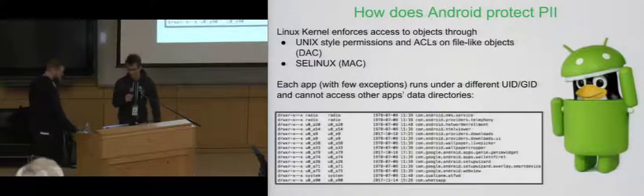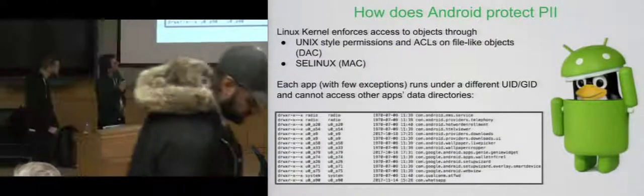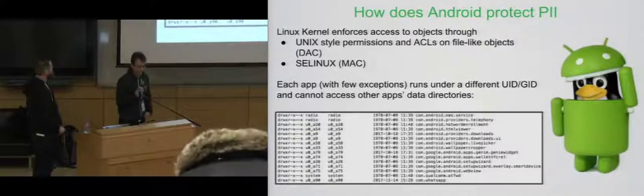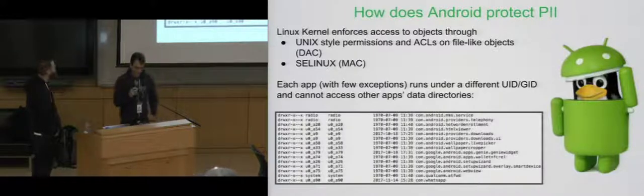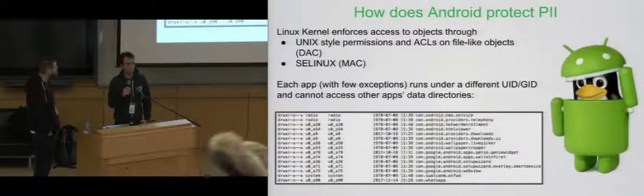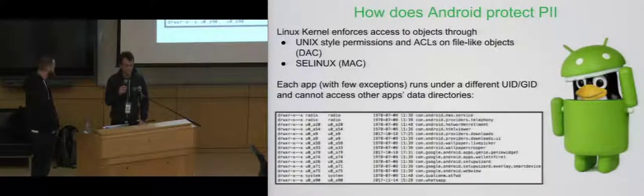I'll talk about Android because it's a system I'm most familiar with. As most of you know, Android uses the Linux kernel with some extensions, and it also uses its security model, but it kind of turns it upside down.